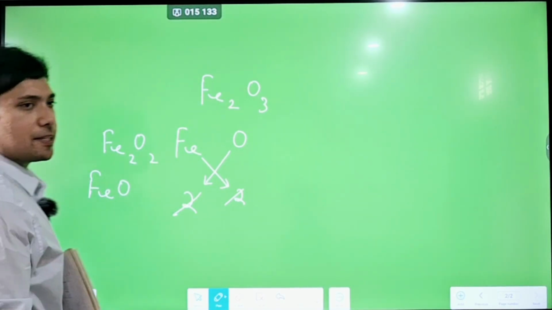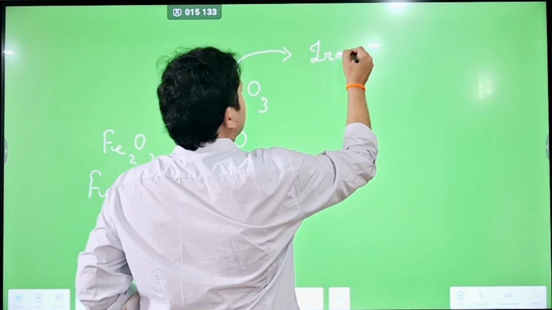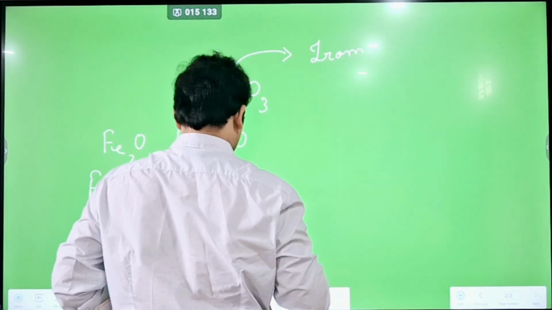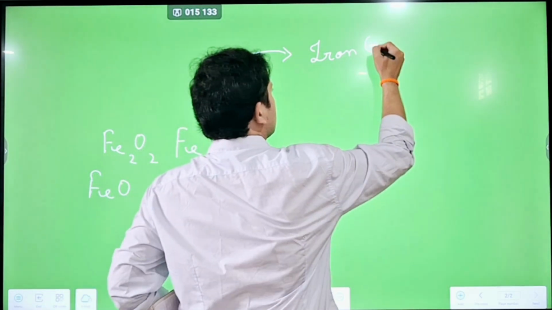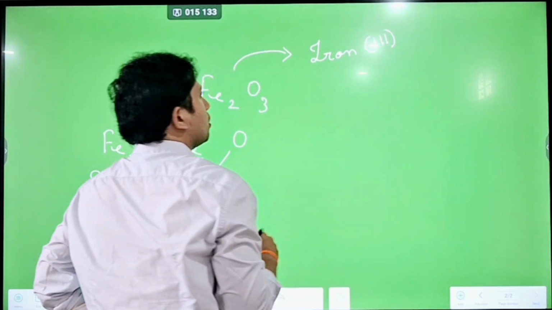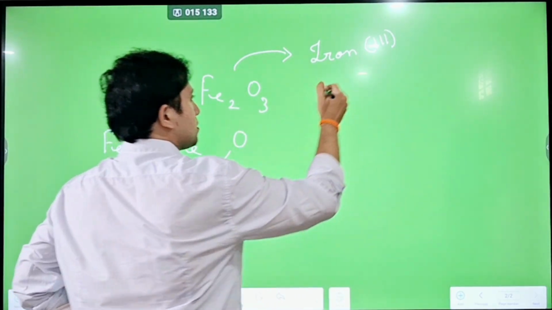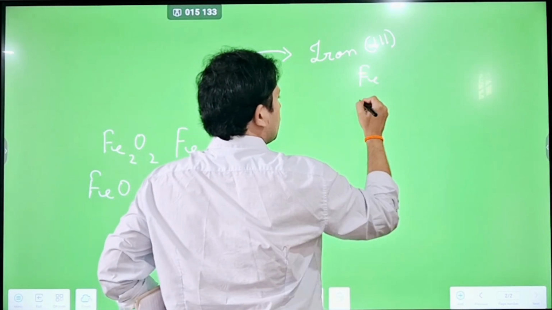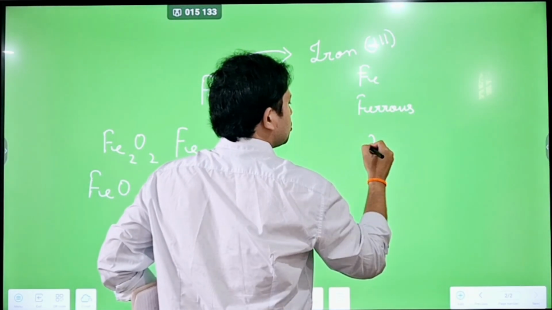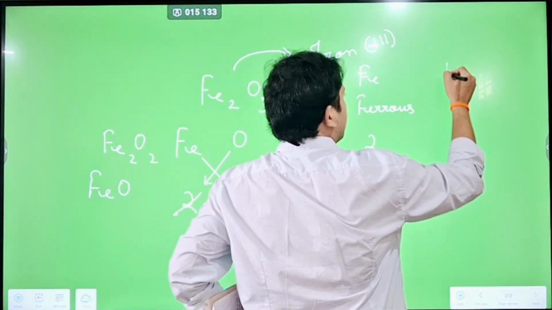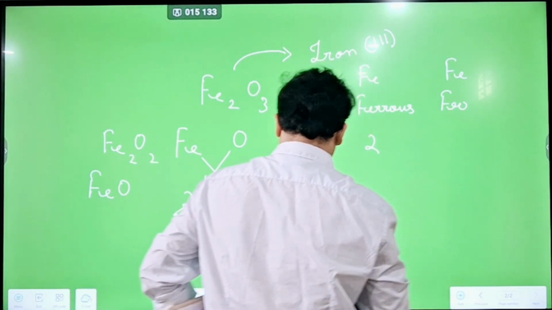But in this situation iron is in the third state. Iron has two forms: one is ferrous, where the power is 2, and the other form is Fe ferric.